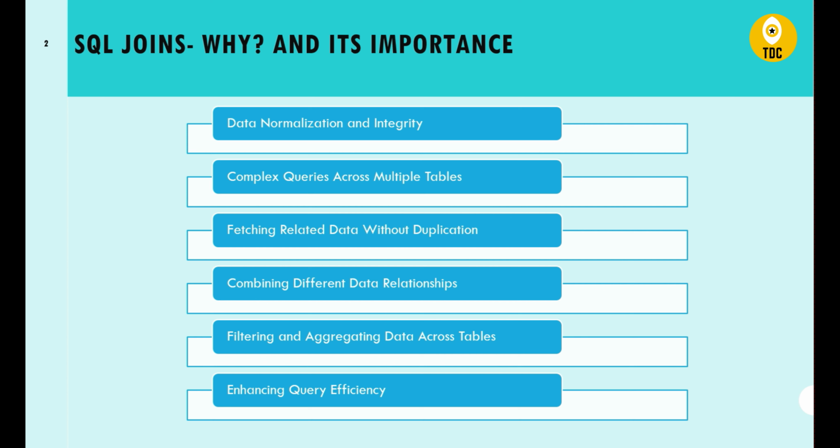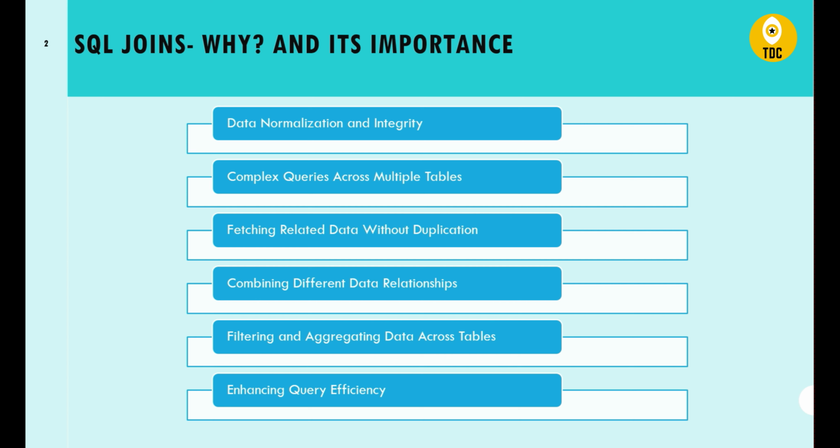Normalization, as you know, is a process of organizing the data in a database. Basically, you reduce the redundancy by normalizing the data. For example, there is an employee table, and in that employee table you have a department column. Instead of having that column in the employee table, you create a separate department table, and you refer to it with a primary key called department ID or something, right?